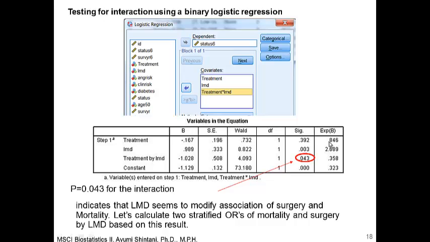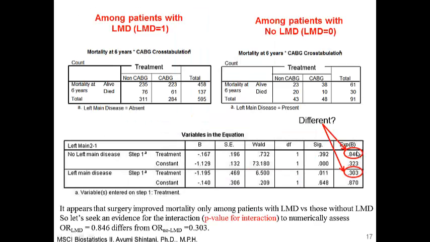Instead, in the model with the interaction, the odds ratio for the treatment term itself indicates the odds ratio of treatment within patients without LMD, which actually matches your subgroup analysis.